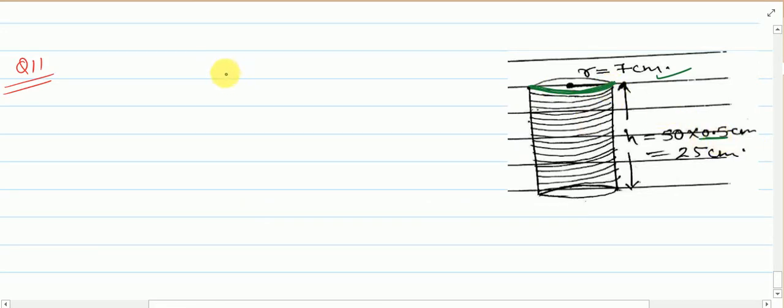Okay, so let's say this thickness is 0.5 centimeter, this is also 0.5 centimeter, this is also 0.5 centimeter.